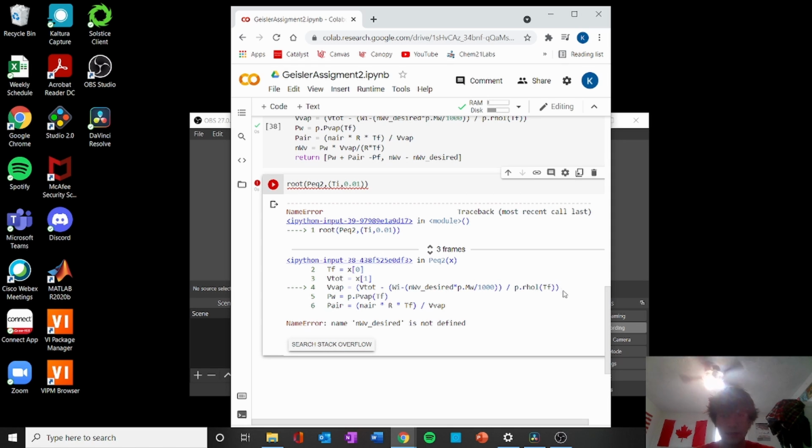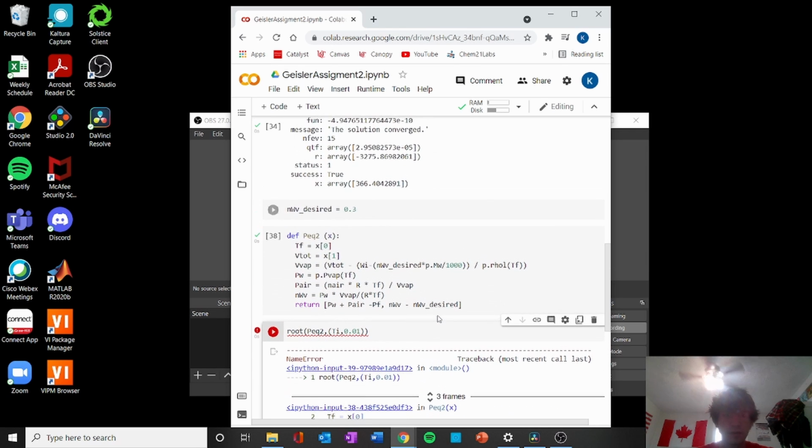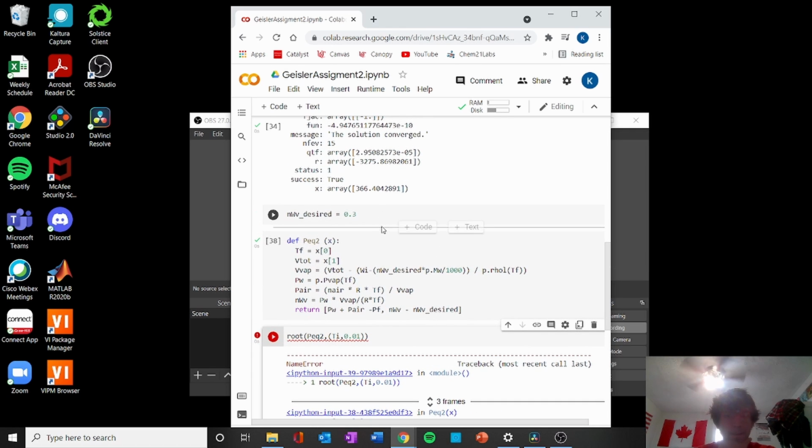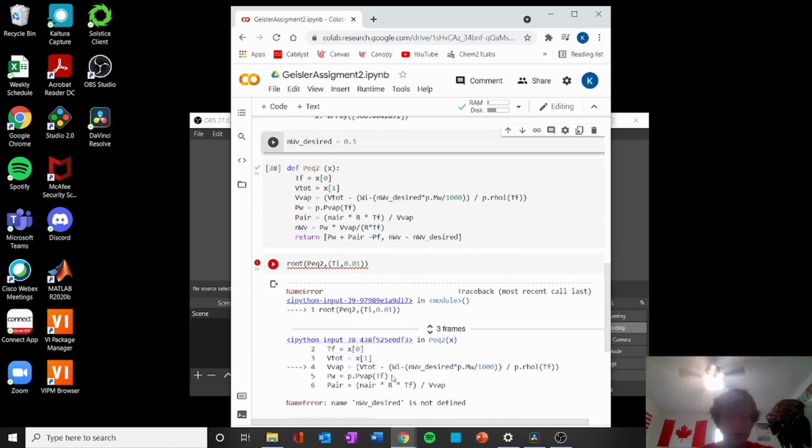We might need to add some parentheses or take away some parentheses. Oh, it says the moles of water vapor desired is not defined. So let's go up here. It looks like I defined it right up here, but maybe there's some syntax errors going on.